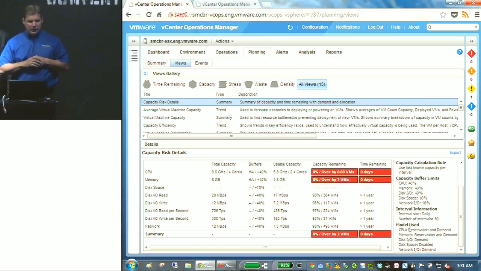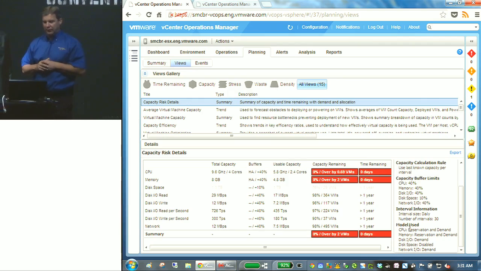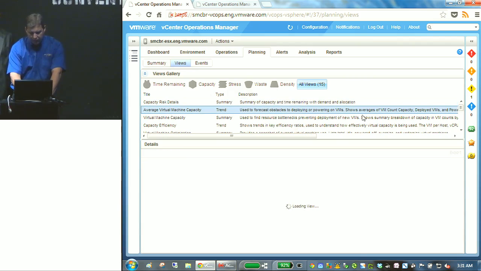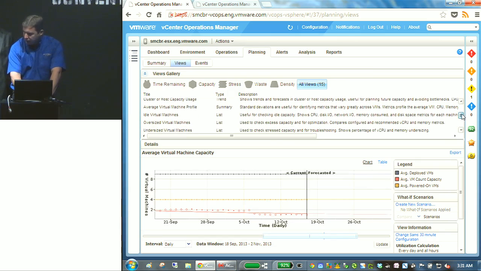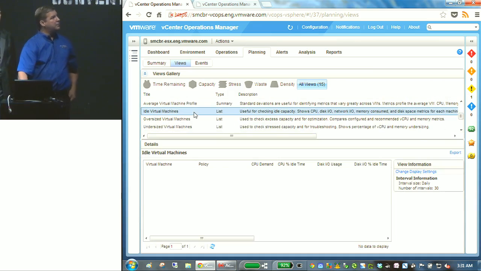On the planning side, we have a different use case, and that's when you're trying to figure out if you can deploy more VMs or if they're the right size. So let's take a look at some of these reports. Some of the most interesting reports are about reclaiming capacity. One could be idle VMs.